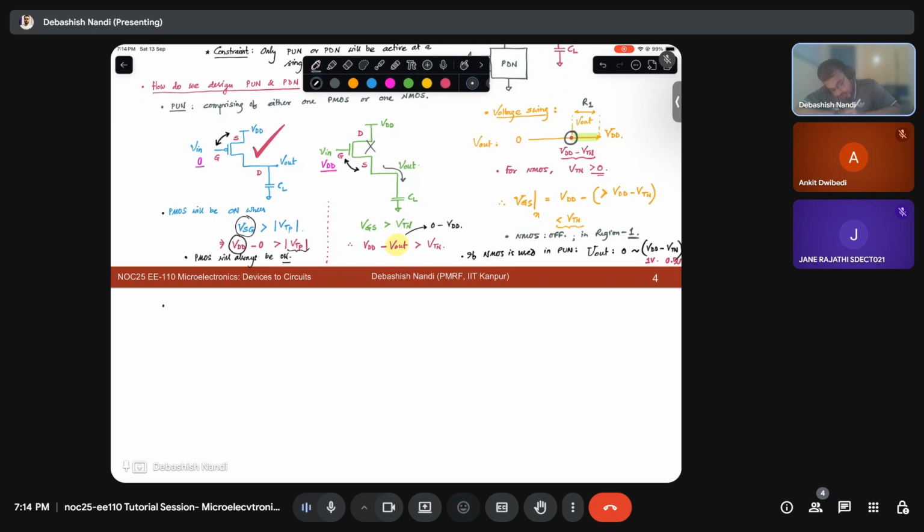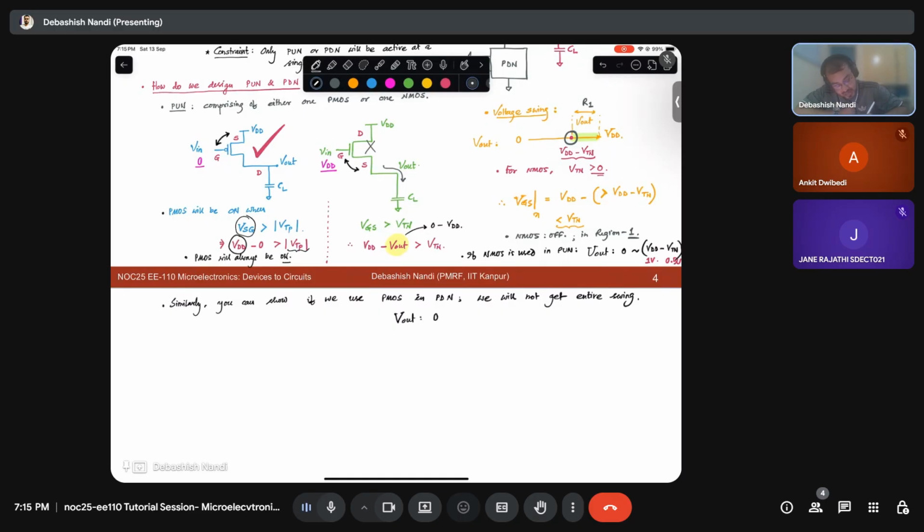With the similar argument, you can show that if we use PMOS in PDN, we will not get the entire swing. And what do I mean by output swing in this case?